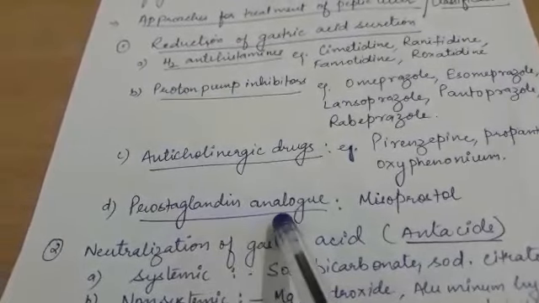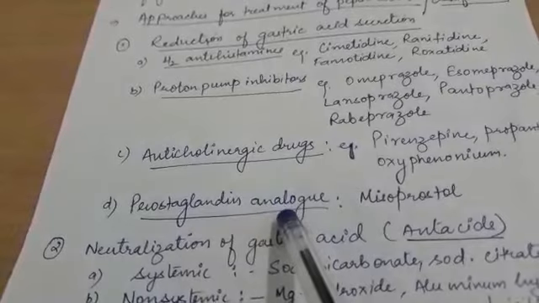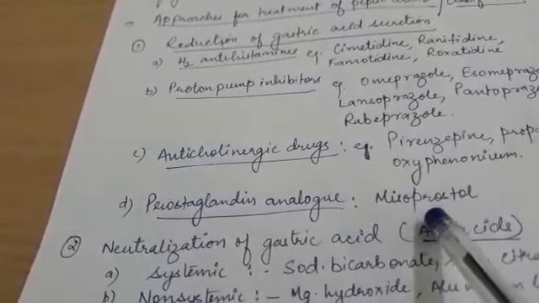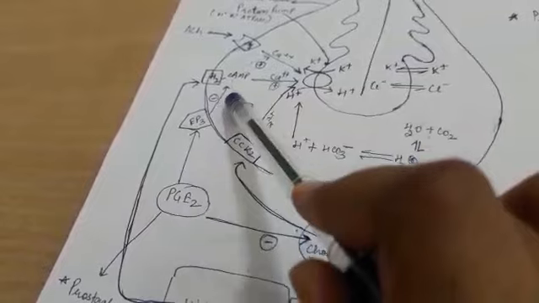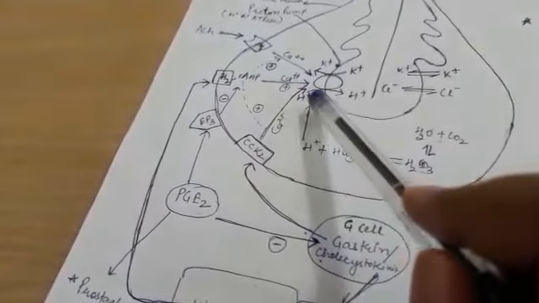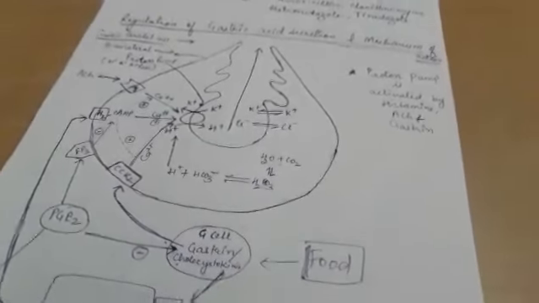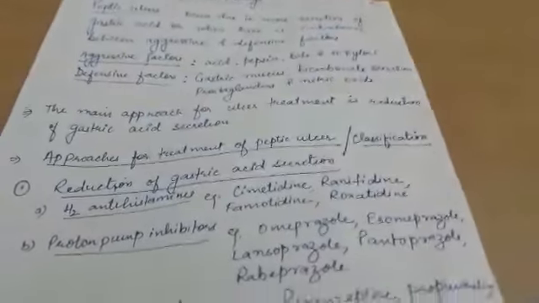So here we are not giving prostaglandin inhibitors, rather we are using prostaglandin analogs. An example is misoprostol, because the prostaglandin analog will bind to the receptor, inhibit the cAMP formation, and further inhibit the proton pump. So this is the mechanism and regulation of gastric acid secretion. The mechanism of other drugs we will discuss in the next class.